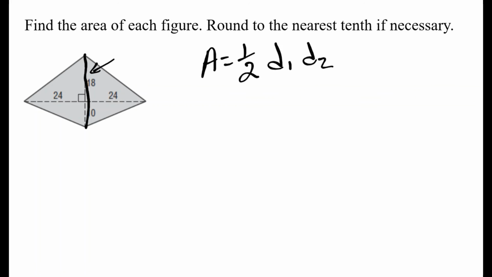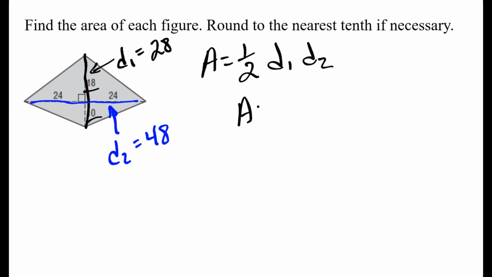So right here, diagonal 1 would equal 28, 18 plus 10. Diagonal 2 right here would be 24 and 24, which is 48.